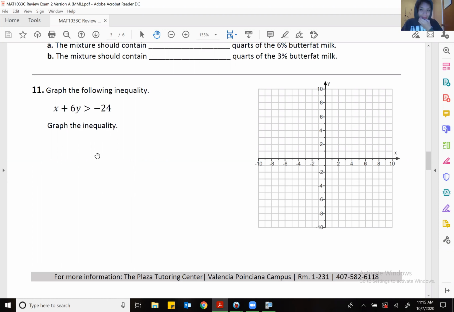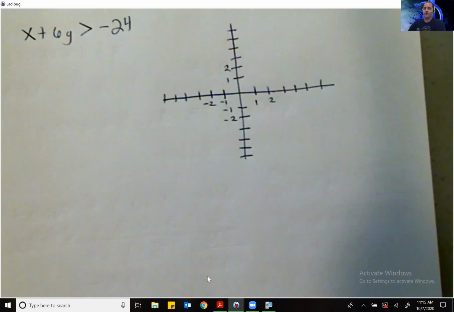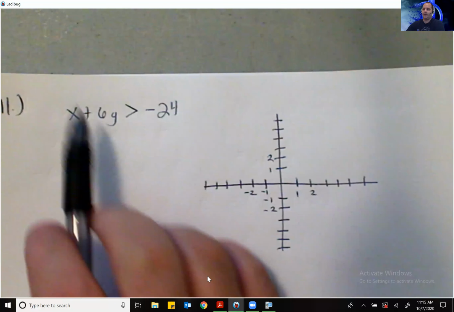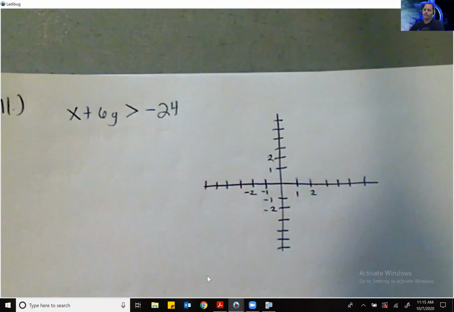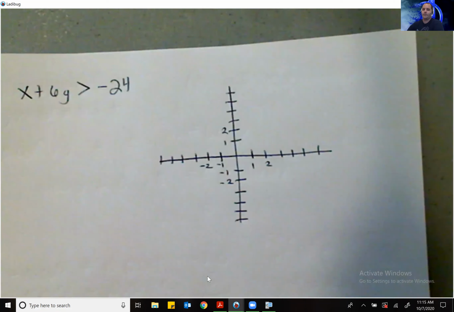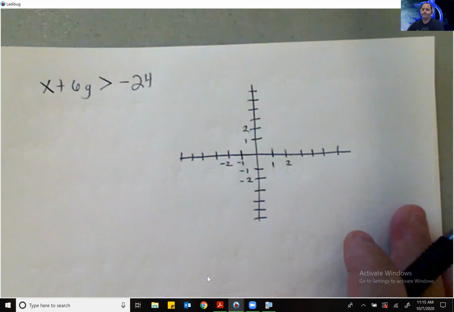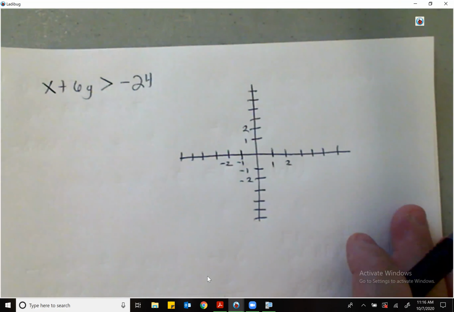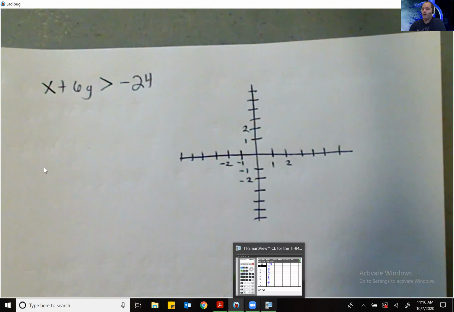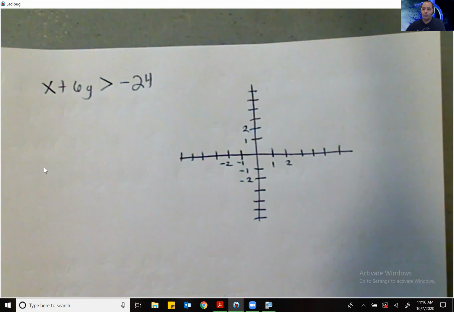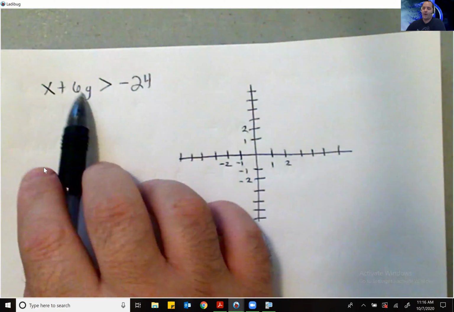No. So what do we have to do with x plus 6y greater than negative 24? What form does it have to be in? Slope intercept. We got to get the y by itself. So how do I move a positive x?